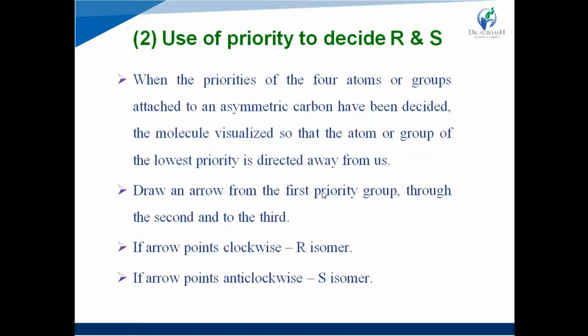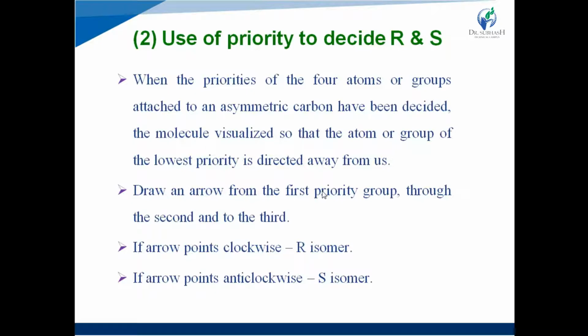Then draw an arrow from the first priority group through the second to the third, right? Ignore the lowest priority group, the 4th group, and connect first to second to third priority group and draw the arrow. Now if the arrow points clockwise, then the chiral center is R and the enantiomer is the R isomer.